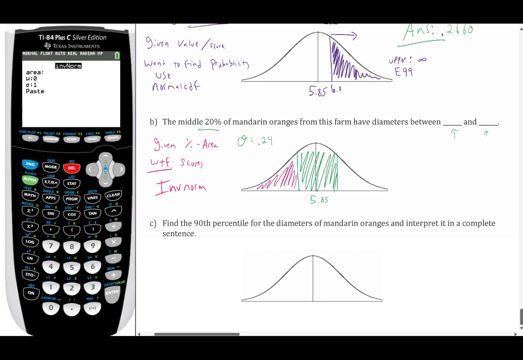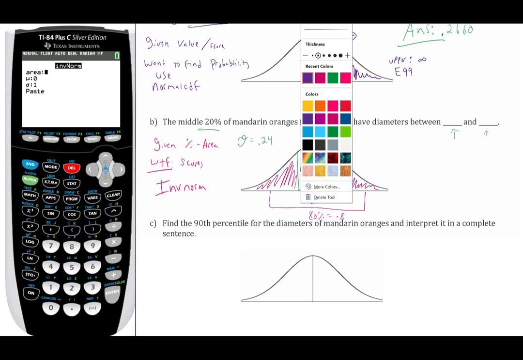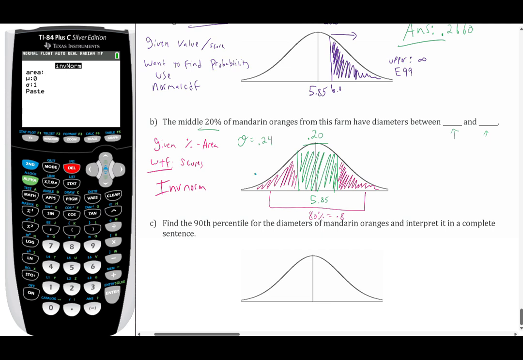So if I know that the shaded region is 0.2, then I know that the tails of this graph will be 80% of the picture, or 0.8. Meaning that each little region here will be 0.4. Right? 80% divided by 2 will be 40% in each region. And we can just double check that. 0.4 plus 0.2 plus 0.4 is 1.